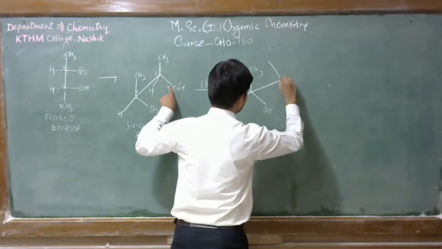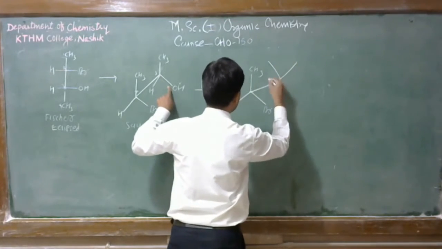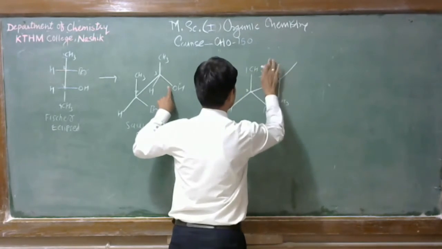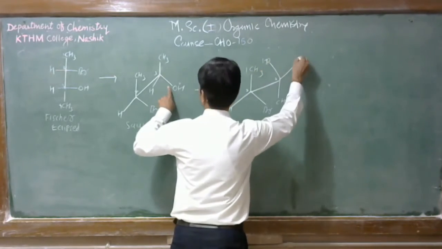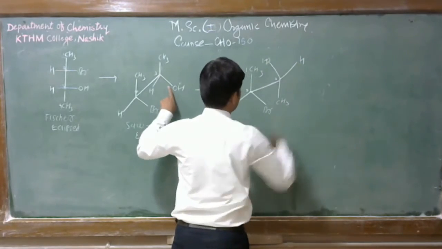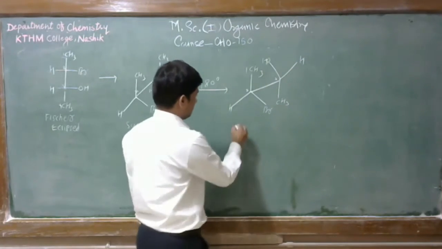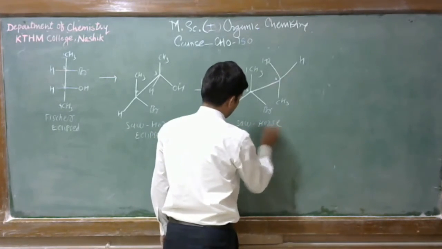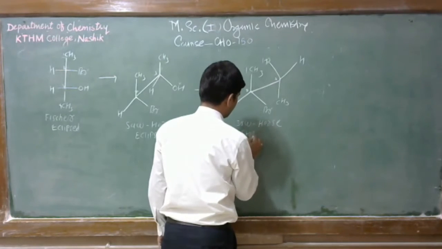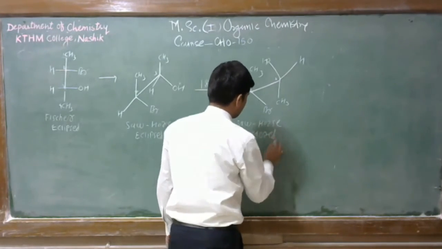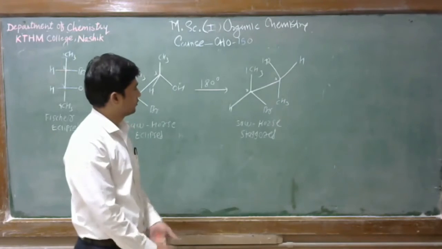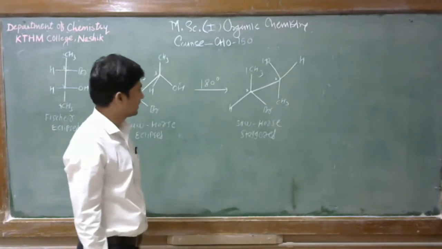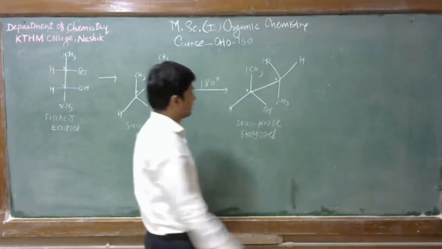This is carbon number 3, this is CH3 here, this is the hydroxyl group here, this is the hydrogen here. This is the Sawhorse projection formula, but now it is in staggered form. This is staggered form because if we measure the diagonal angle between this CH3 group and this CH3 group, it appears 180 degrees, and therefore this is staggered form.